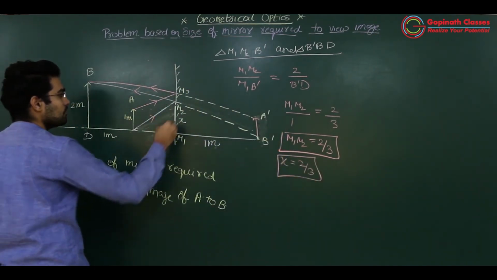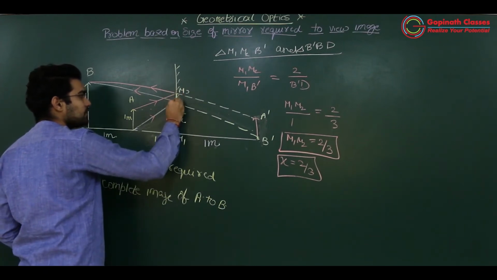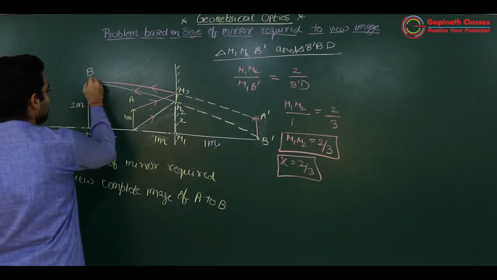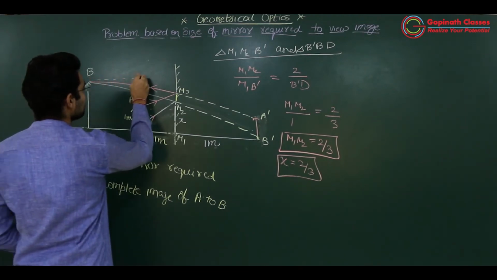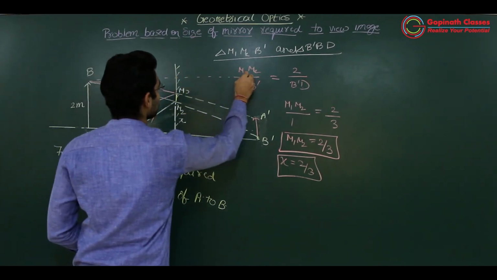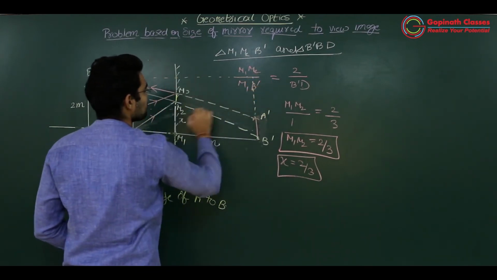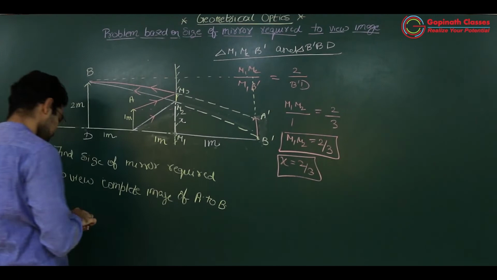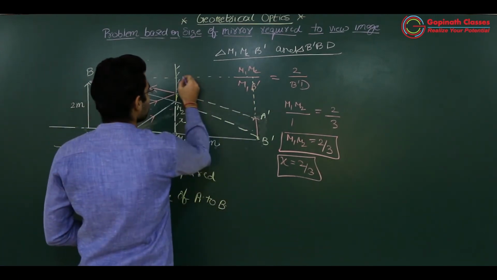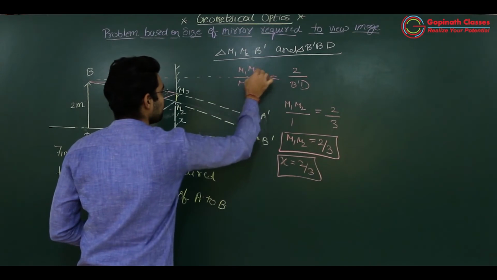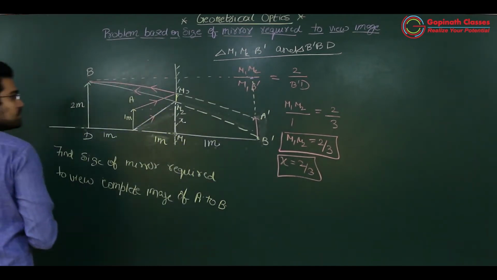Now we have to calculate only this part. So I am just constructing a straight ray like this, and I am naming it P. I am just erasing this part.